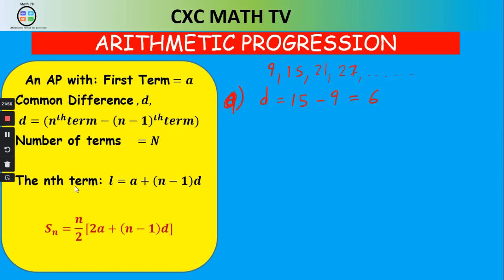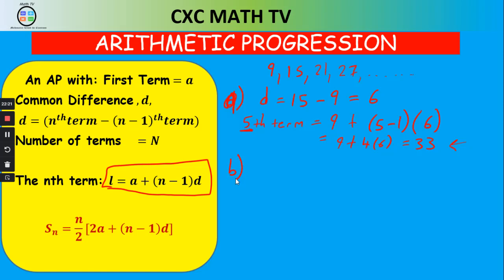Remember, the nth term is this formula. So the fifth term is equal to A, which is 9, plus n minus 1, so 5 minus 1, n is 5, times the common difference, 6. Is 9 plus 5 minus 1 is 4. 4 times 6 is 24. 24 plus 9 is 33. Notice we got the same 33.